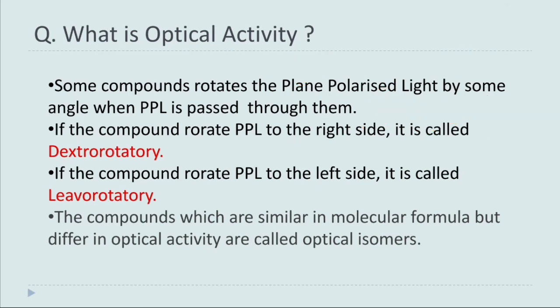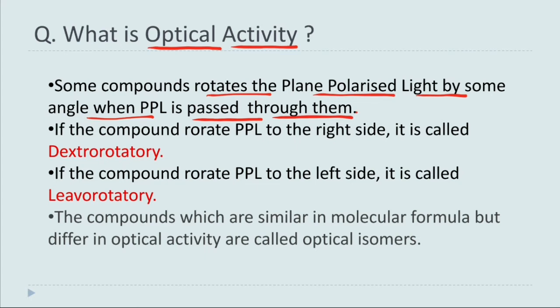Okay, so I think you are now clear about what optical activity is. The property of some compounds to rotate the plane polarized light by some angle when PPL is passed through them is called their character of optical activity.